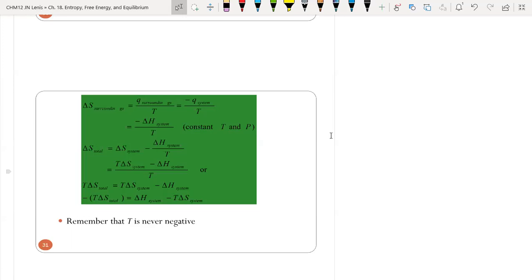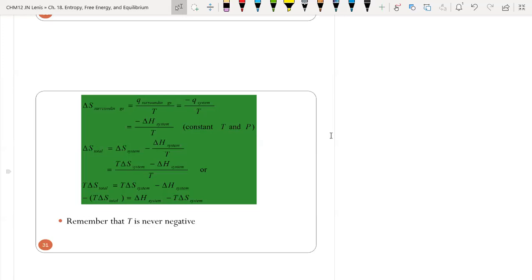From here, we found that T delta S total equals delta H of the system minus T delta S of the system.